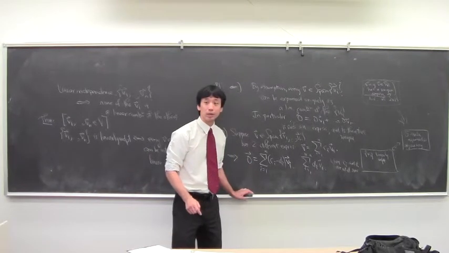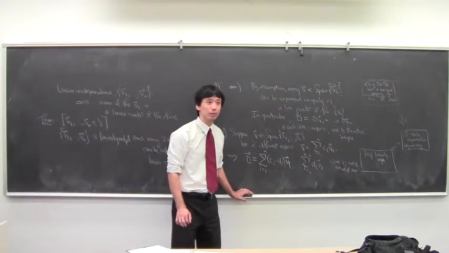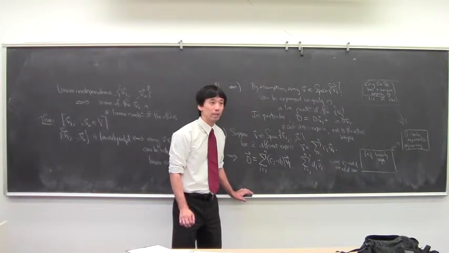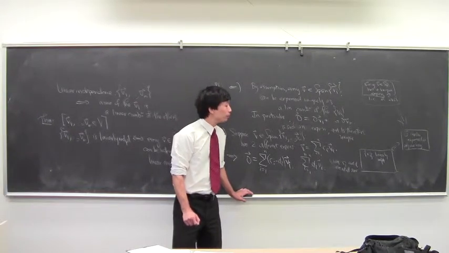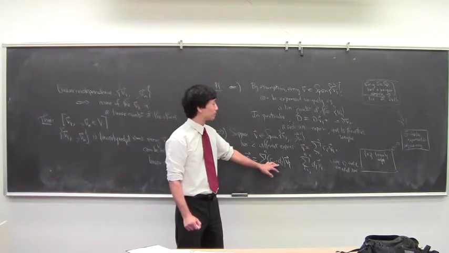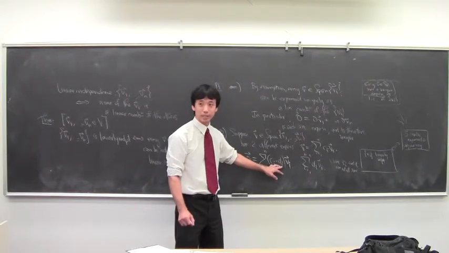Does everyone see why that's impossible? Why would that lead to a contradiction? Because we just said Ci cannot equal Di, but with that Ci equals Di. Right. So yeah, you can say it that way.